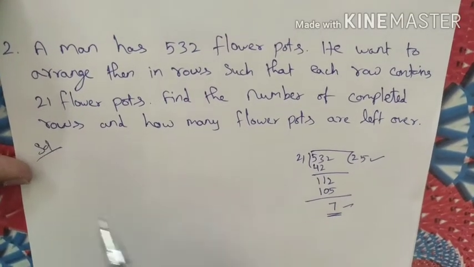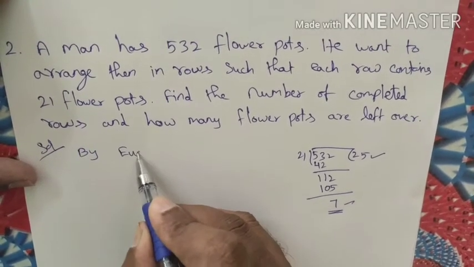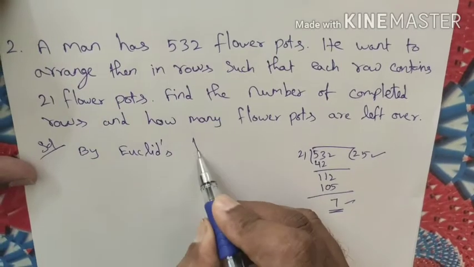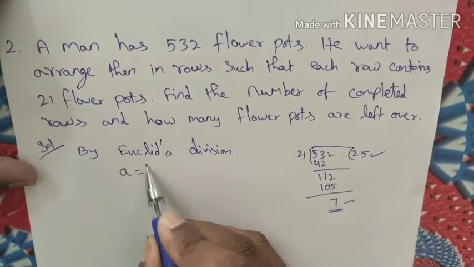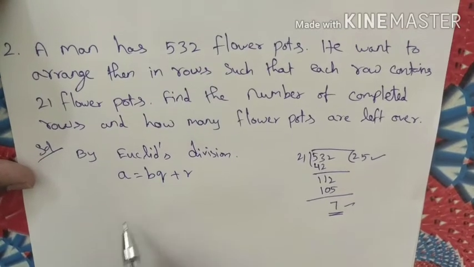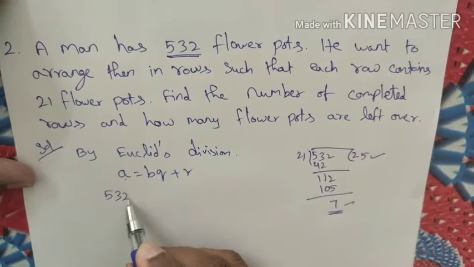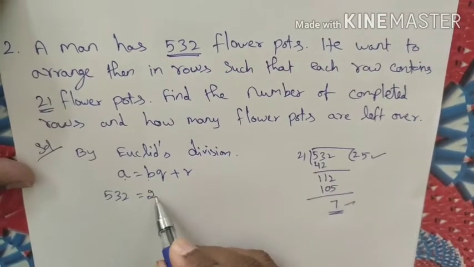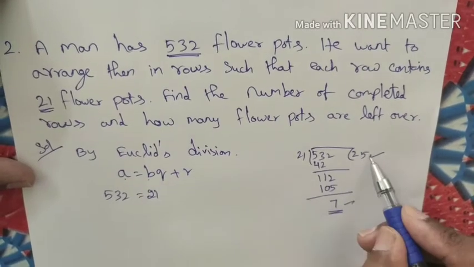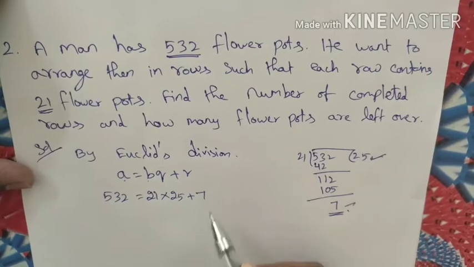Now by using Euclid's division algorithm, we know the formula a = bq + r. In the place of a, that is 532 flower pots, and in the place of b, 21 is the divisor, and then the quotient we have found is 25, plus the remainder 7.